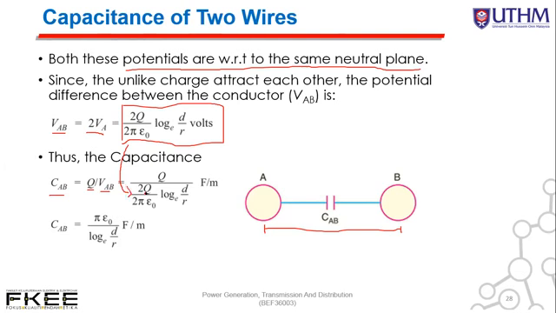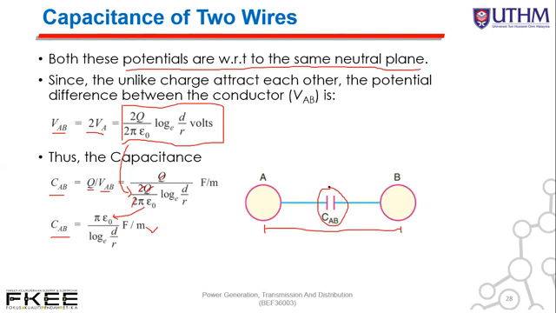We can remove the Q and the 2, so we get CAB equals pi epsilon naught divided by log of D over R. So CAB is the capacitance between these two wires.